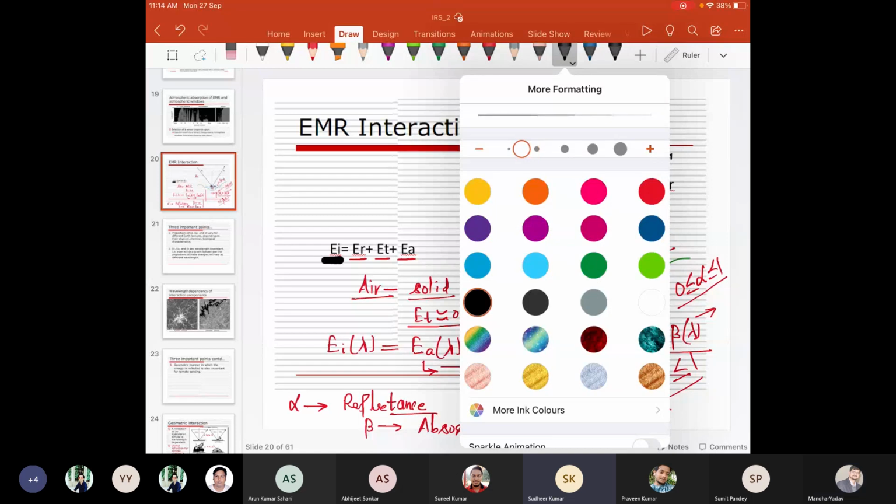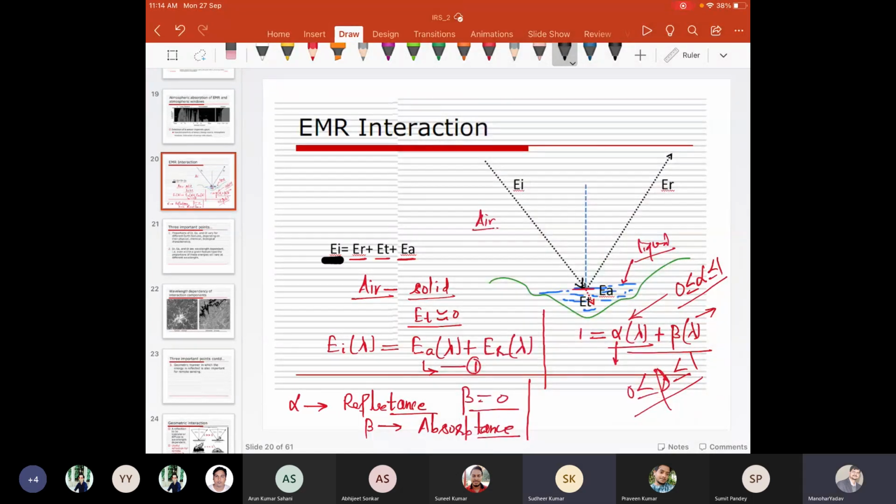Specular reflection, total 100% reflection. Don't combine over here; specular and diffuse we'll discuss later. That is not the case over here. If beta tends to 0, it means the entire energy incident at this particular interaction point is totally reflected back.